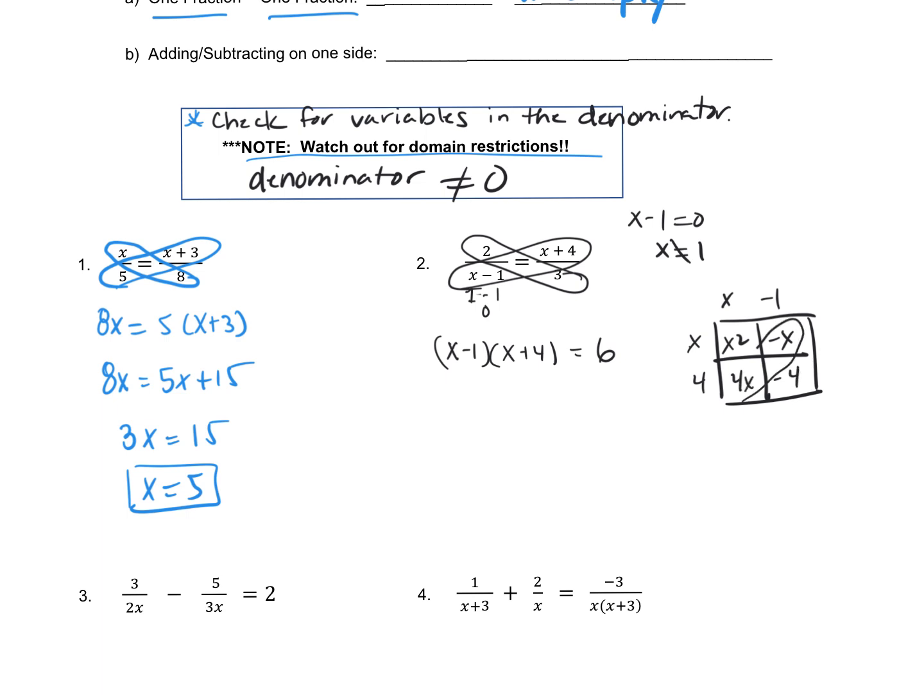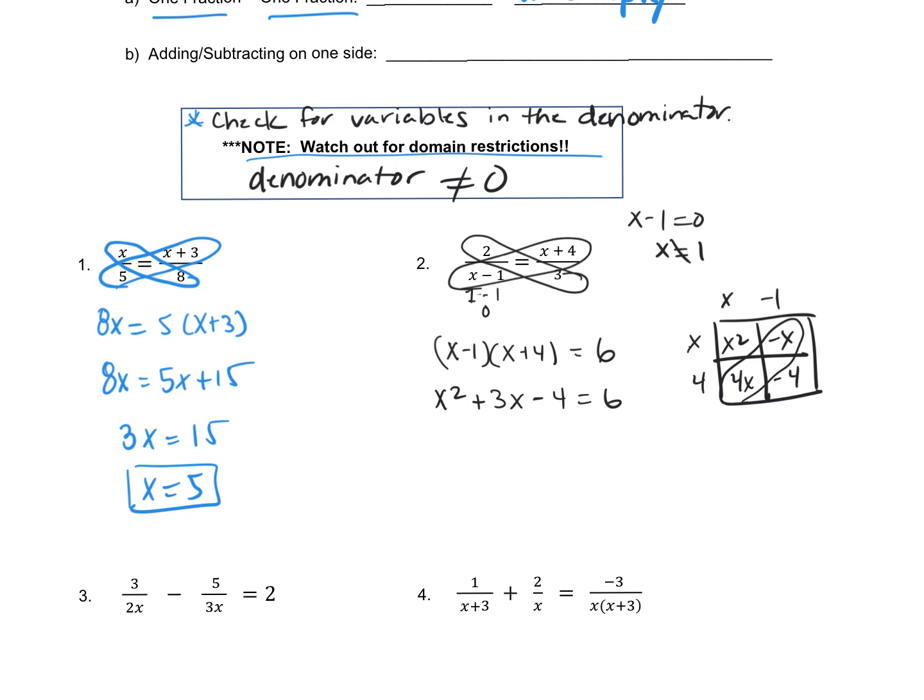So these two are combined. I have x squared plus 3x minus 4 equals 6. Again, I'm solving for x. I got a quadratic. Remember, when you have a quadratic, you have to set it equal to 0 and factor.